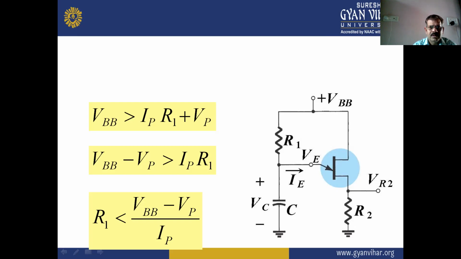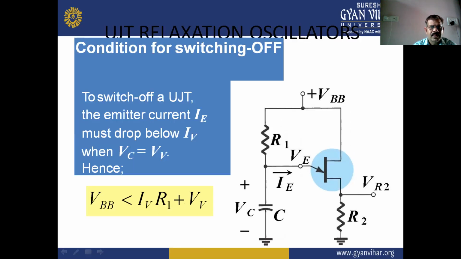And next is the condition for the switching off for the UJT relaxation oscillators. To switch off a UJT, the emitter current IE must drop below IV, the valley current, when VC equals VV, or the charging voltage equals the valley voltage.